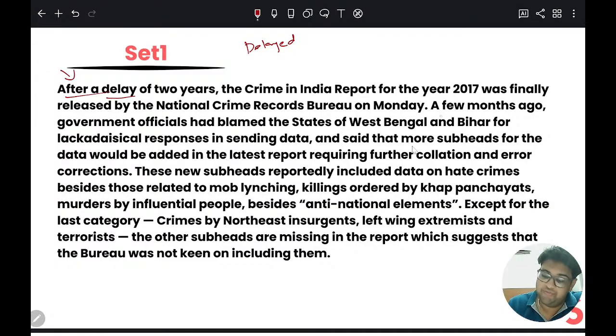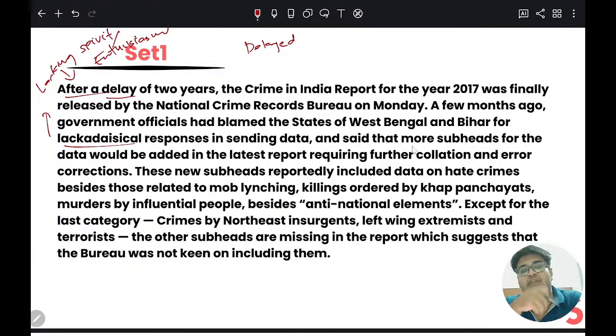A few months ago, government officials had blamed the states of West Bengal and Bihar for lackadaisical responses in sending data, and said that more subheads for data would be added in the latest report, requiring further collation and error correction. Lackadaisical means lacking enthusiasm or spirit. So what is happening here?